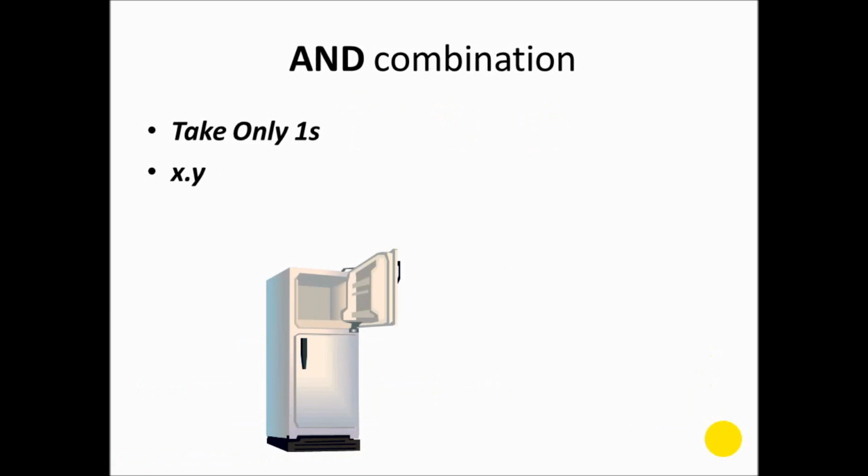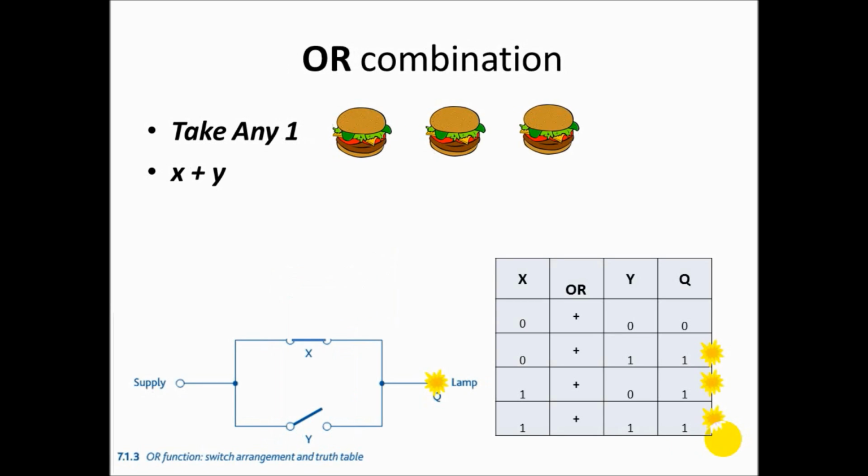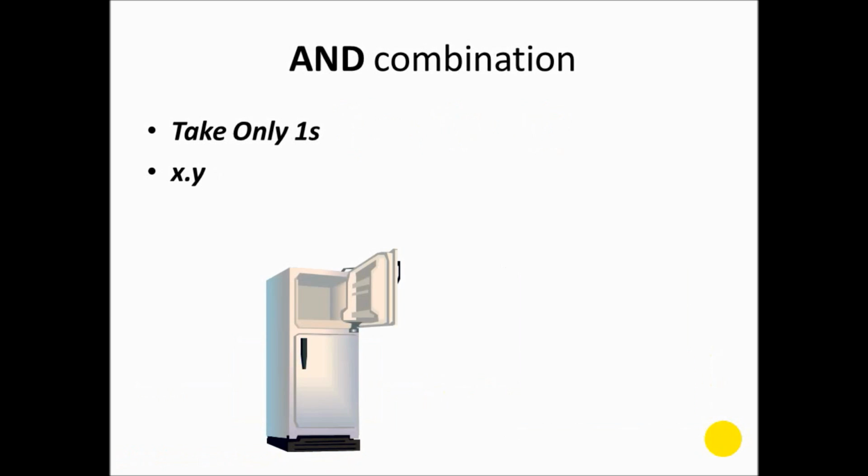Right, our AND combination. Somebody says, hey, what's with the burgers? I hope you get it. Take only ones is my cheat sheet for the AND connective. Alright, what's the situation here? Well, our refrigerator, this looks like the freezer compartment, but anyway, our refrigerator has power coming into it.